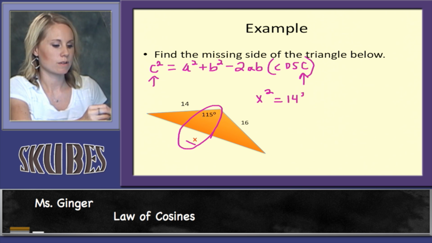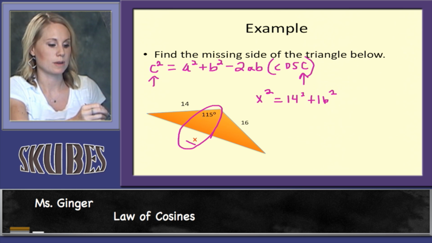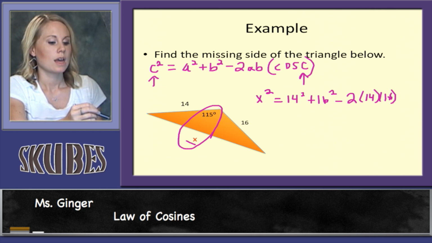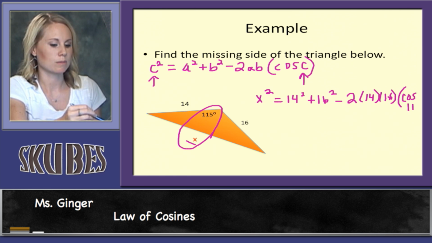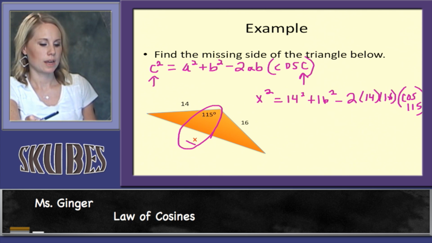So 14 squared plus 16 squared, see what I'm doing here? Just substituting those in for letters a and b, minus the product of 2 times a and b again, 14, 16, cosine of uppercase C, which is 115. I'm going to drop that there. Okay, so there's the setup.